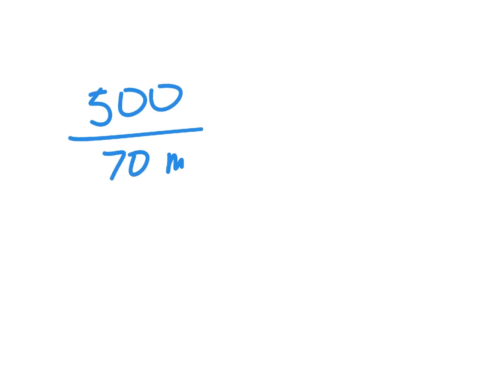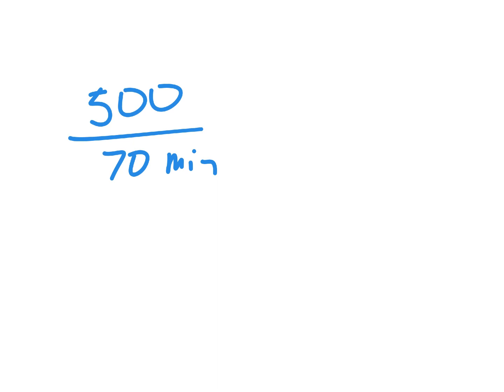Let's go back to the blueberry question with my mom. We'll work it out right now. I'll show you how to set it up. So, how should I set it up? Well, remember my mom's rate? What was her rate? 500 in 70 minutes.